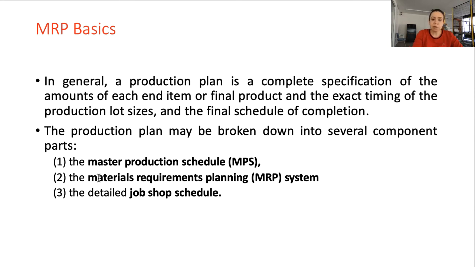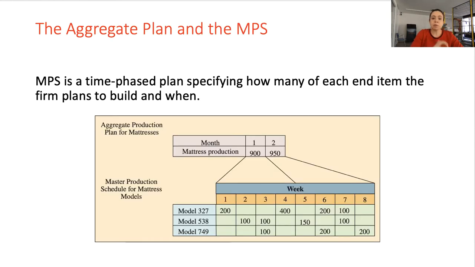You may remember Master Production Schedule. We talked about that in the previous week. Let's remember MPS. MPS is a time-phased plan specifying how many of each end item the firm plans to build and when. You know, the companies have aggregate plans. Here, an aggregate plan is given for 2 months for mattress production.